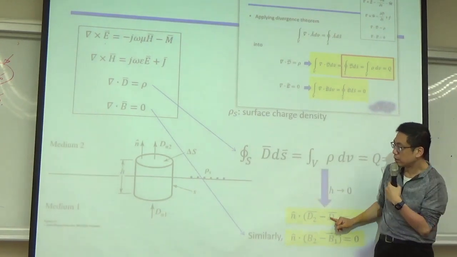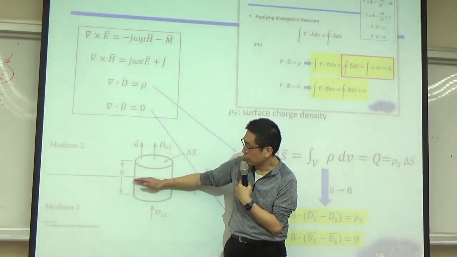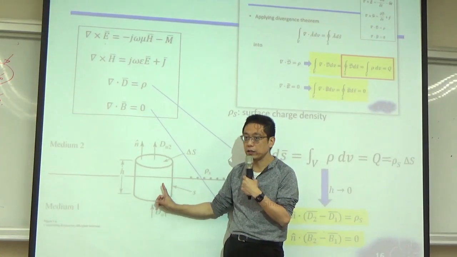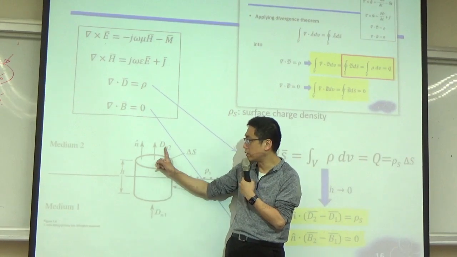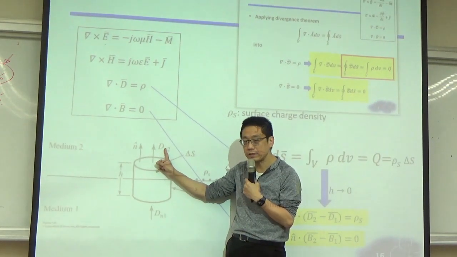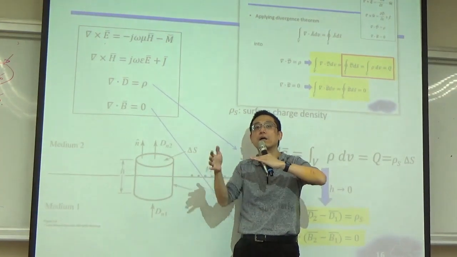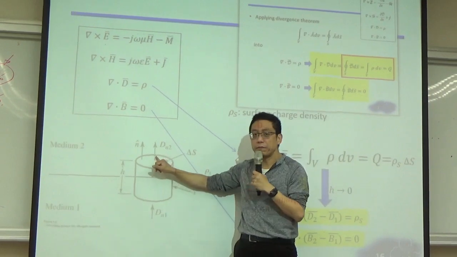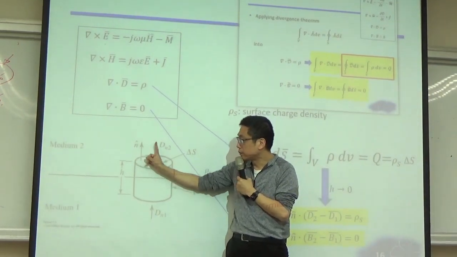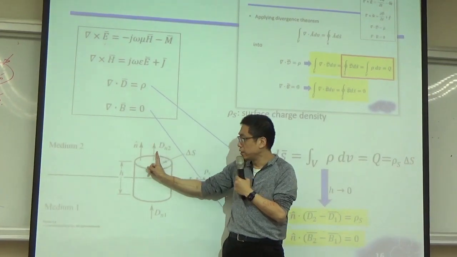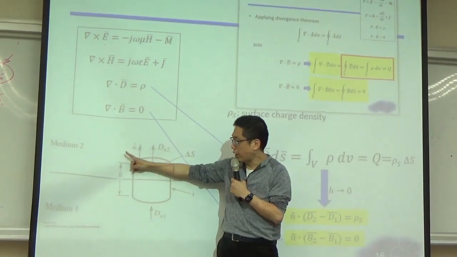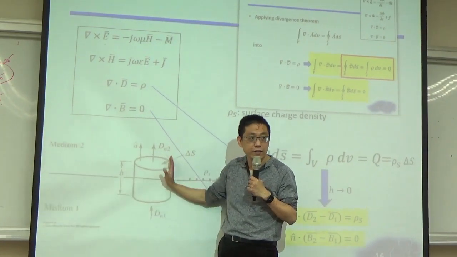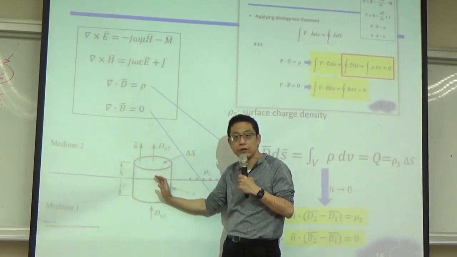For the other portion, your Dn1 is in the same direction as Dn2, right? But because I want a closed surface integration, the surface direction of n is outward, and at the bottom, n is always outside this area.